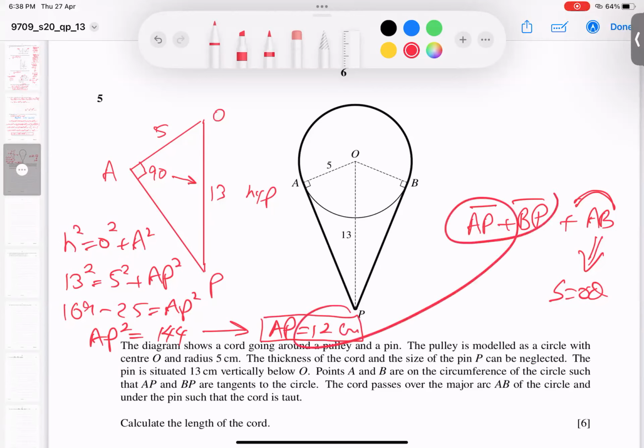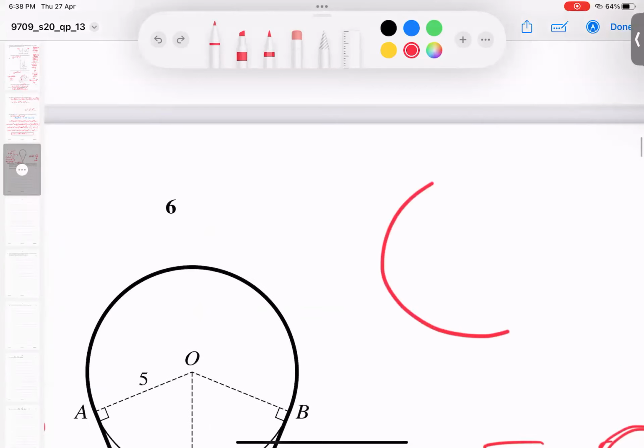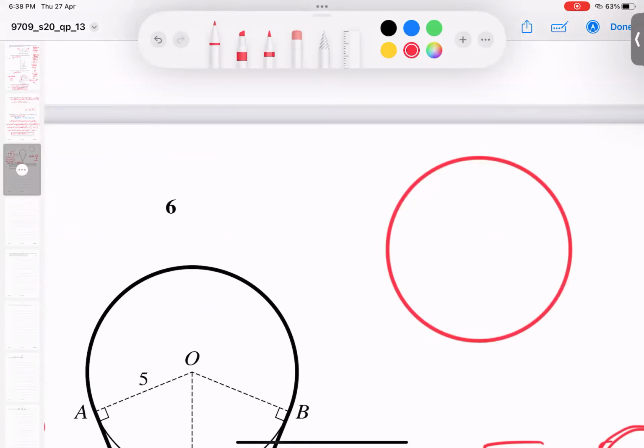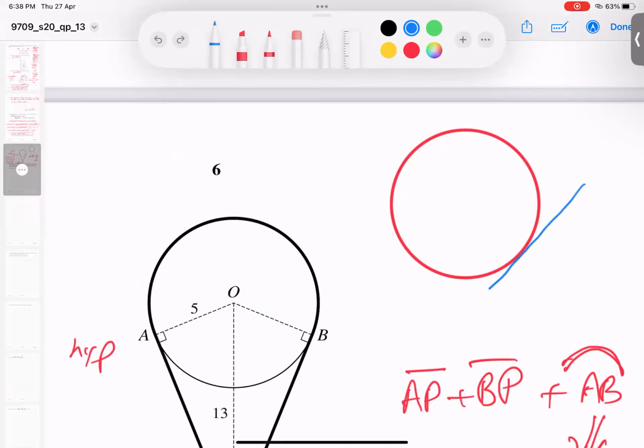So Alhamdulillah, AP and BP are the same. Why, sir? You can ask why. Because when we did O levels and circle properties, whenever we make two tangents, students, so I just tell you one thing.